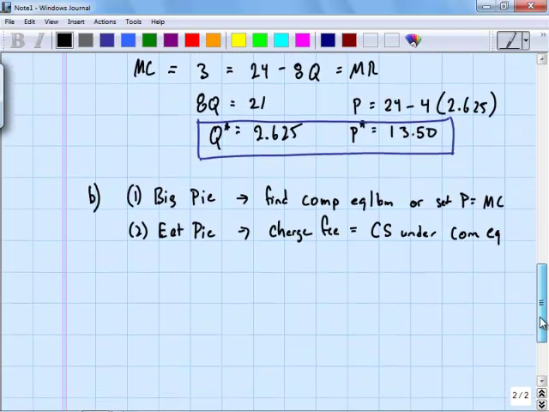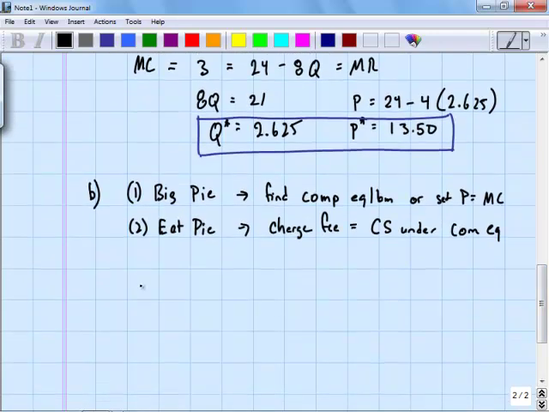So first part's going to be pretty easy out of those two because we're going to look at setting price equal to marginal cost. Marginal cost we solved here. So we already know marginal cost is equal to 3, and that is going to equal P because that's the way you get through to a competitive equilibrium.